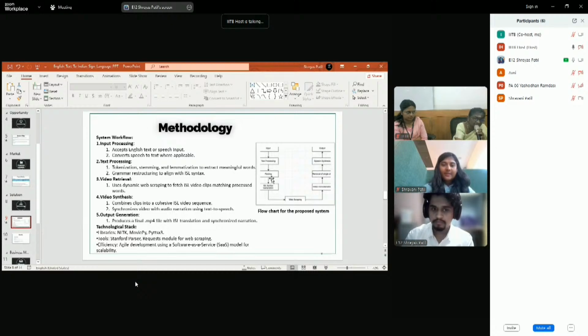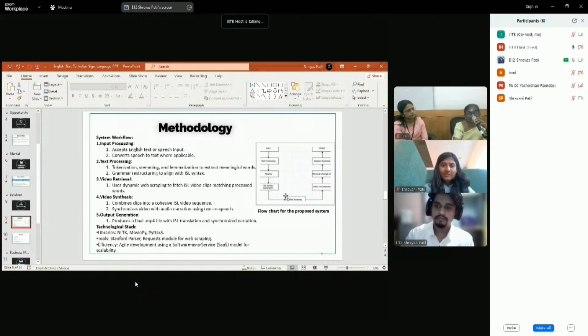For the tokenized text, you're searching that library and picking out the video corresponding to it, right? We have both of them together. We have an offline dataset, and for online, we also do web scraping. We have mentioned the web scraping part too.